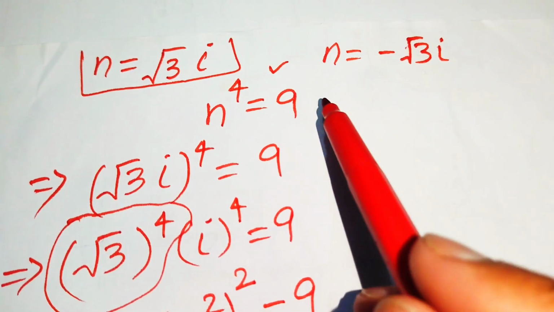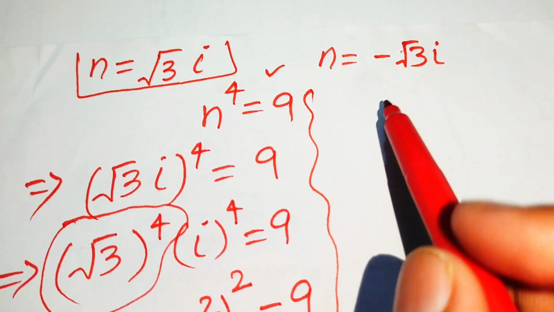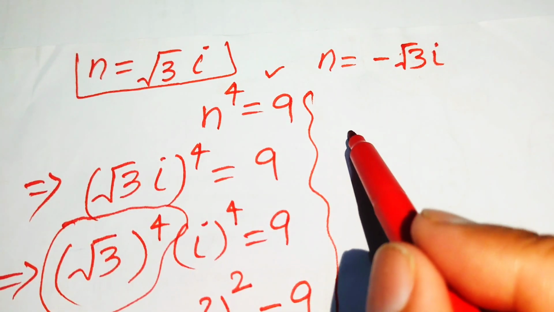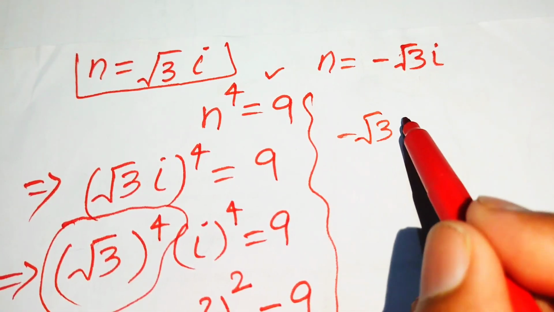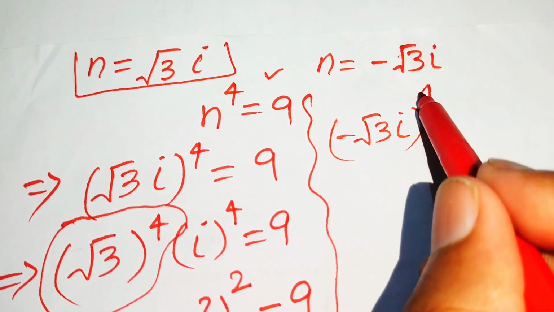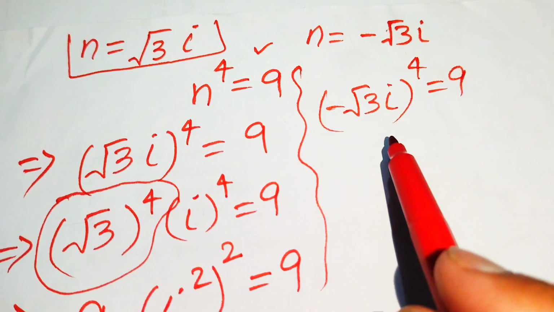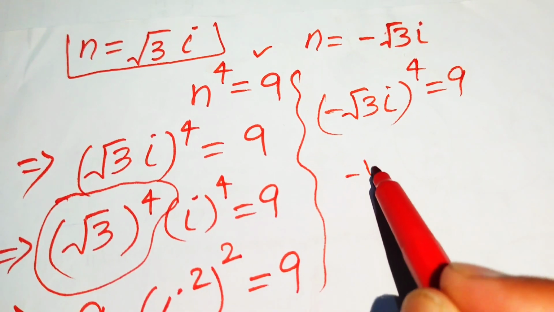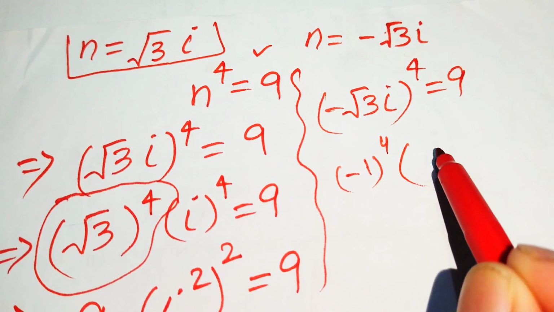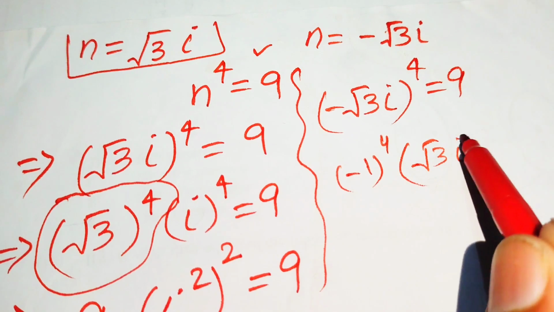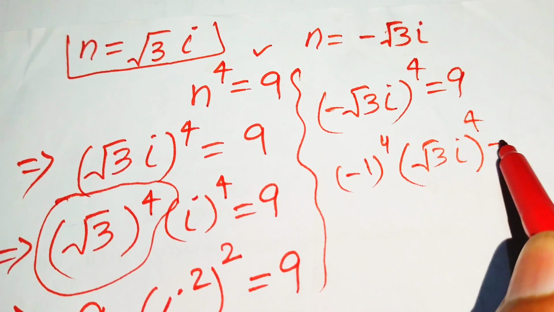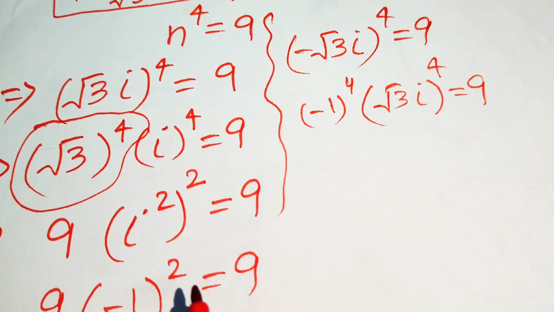And now we check the second case. Here we substitute this value in this equation, and we get (-√3 iota)^4 = 9. When we separate this exponent, it will be written as (-1)^4 times (√3 iota)^4, and this equals 9.